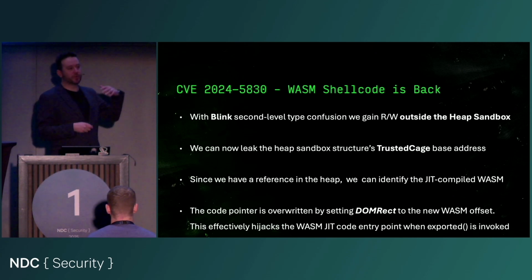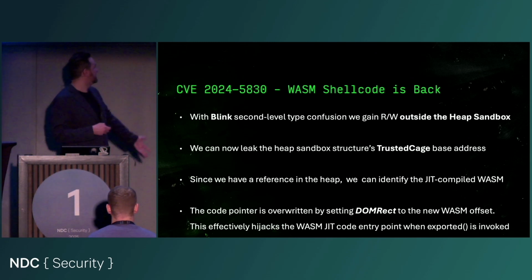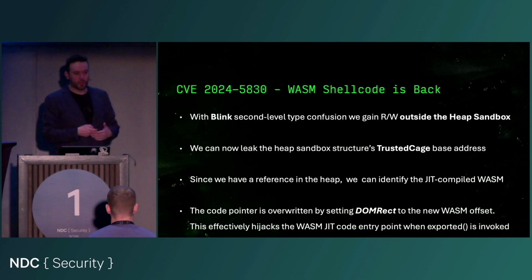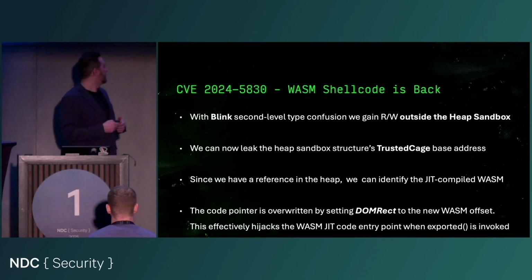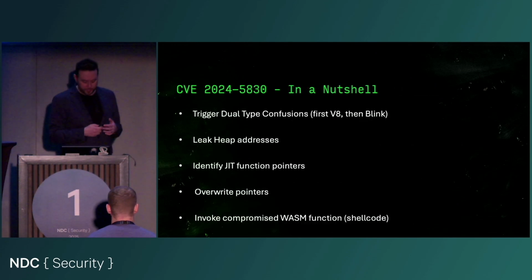But now, since we have arbitrary code read and write in Blink, outside the V8 heap, we can do that, because we have abused the type confusion bugs to the extent of bringing it outside the V8 heap, right?